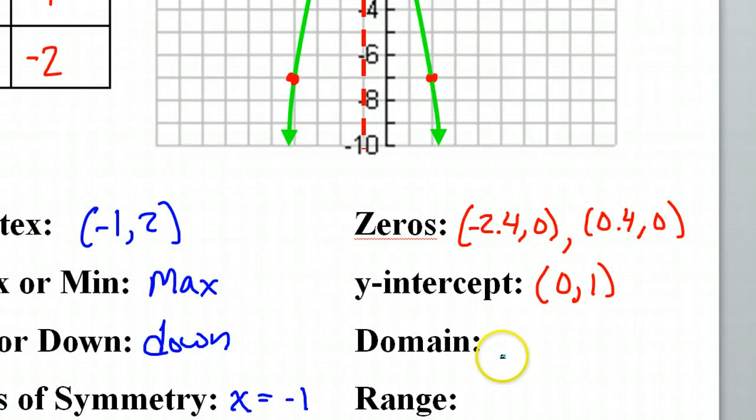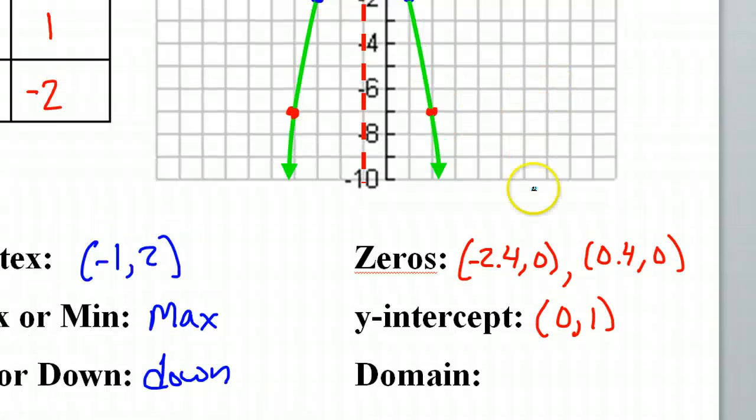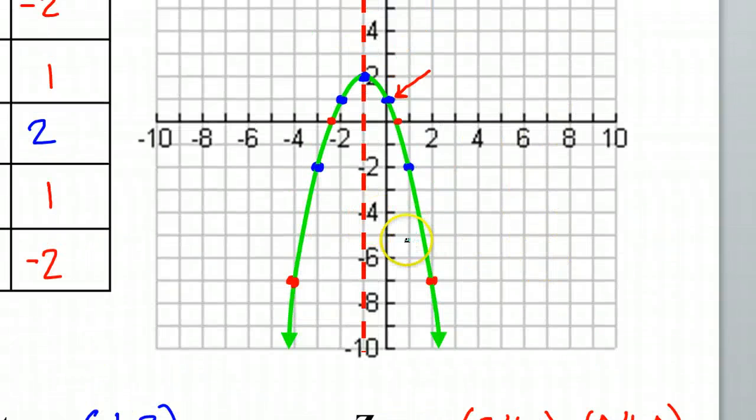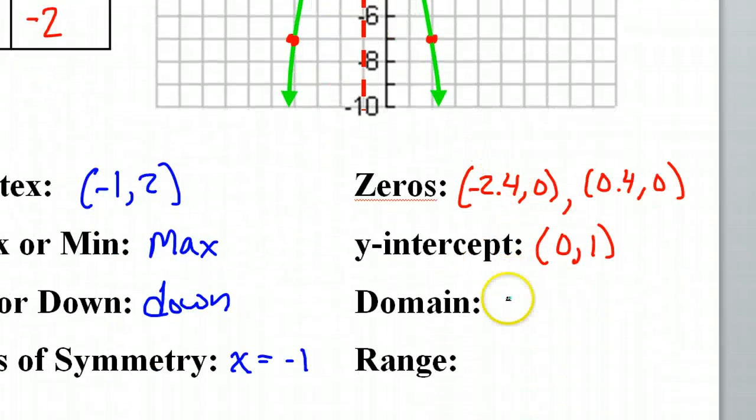The domain is the x values of the graph. So the domain is how far the graph goes to the left and to the right. So because this parabola goes to the left forever and to the right forever, the domain is negative infinity to positive infinity. Okay?